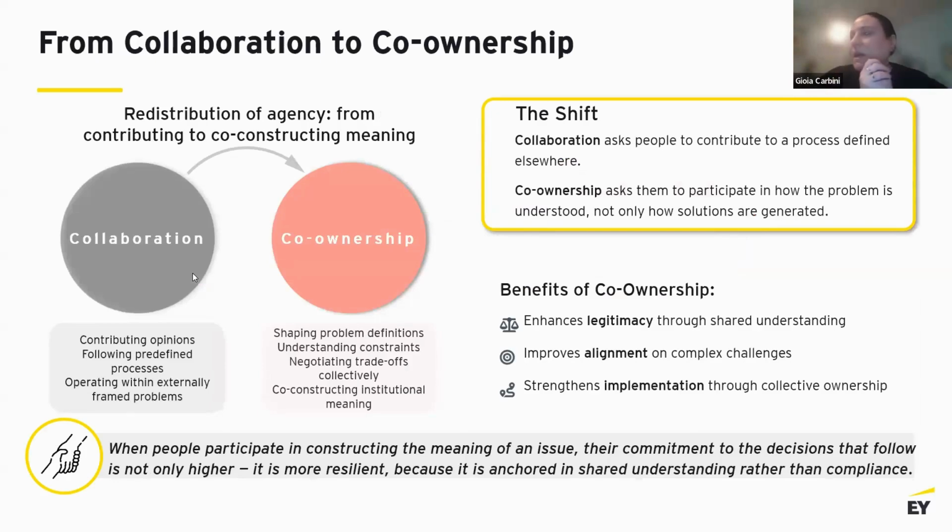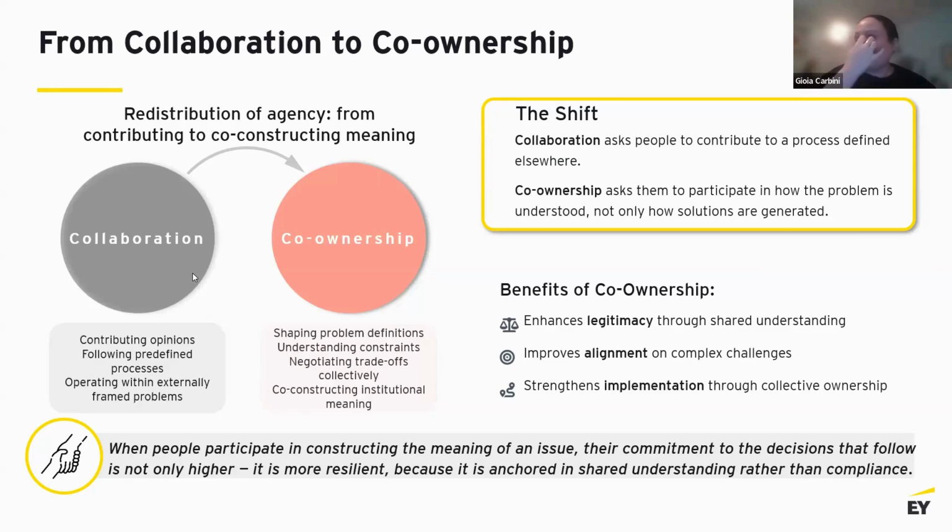From one side, collaboration asks people to contribute to a process that sometimes is already defined elsewhere. Sometimes a process is decided in a very restricted group, and we then ask for validation. On the contrary, co-design is more about co-ownership. We ask the people participating in the process to take responsibility at the same time for how the problem is understood and how solutions are shaped.